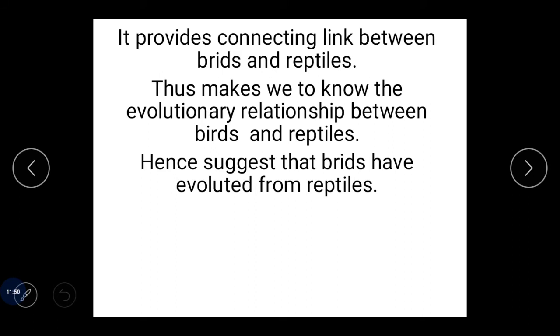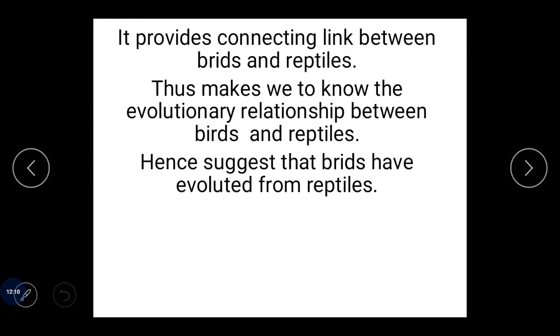So when the genetic makeup of two organisms does not match, we call them two different species. Okay, and these species show some common features.